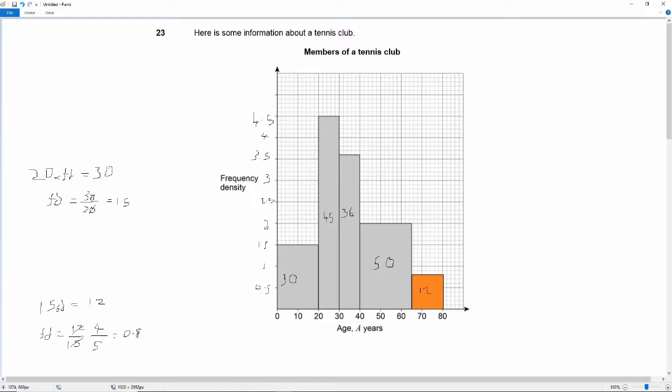So the number of members of the tennis club is 30 plus 45 plus 36 plus 50 plus 12.